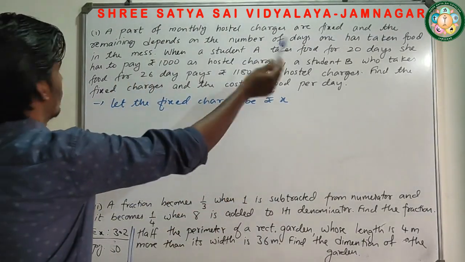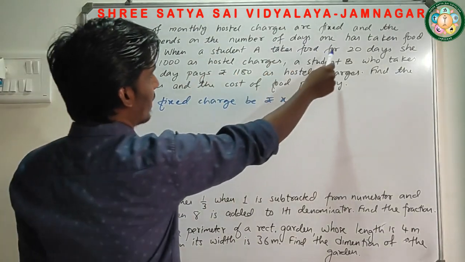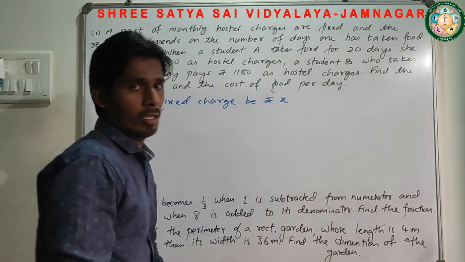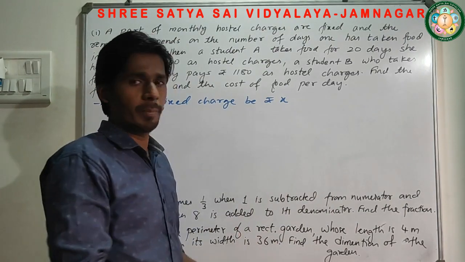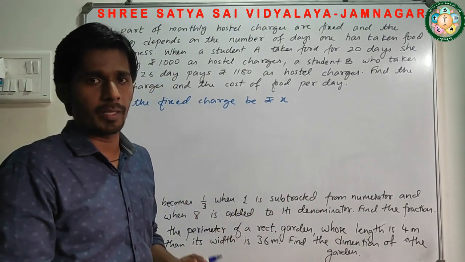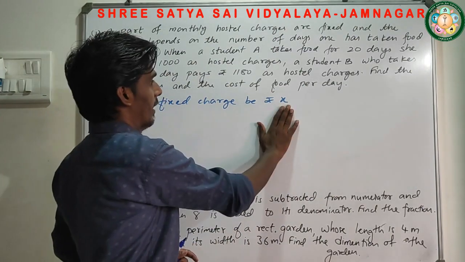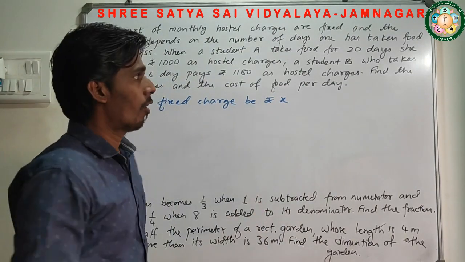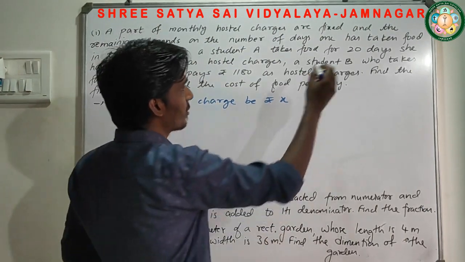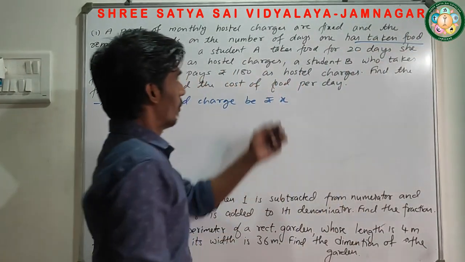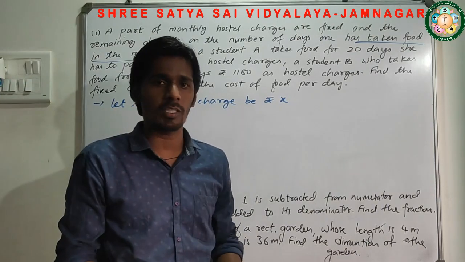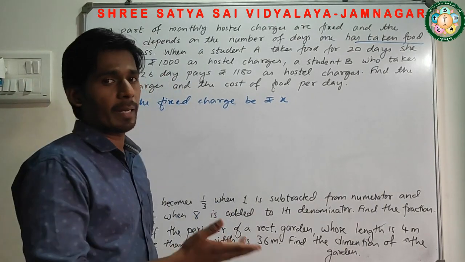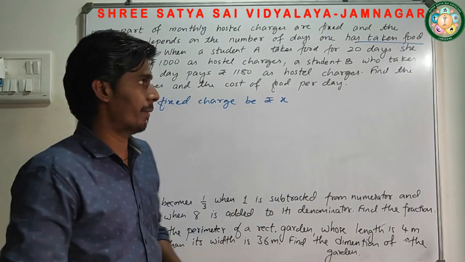Then the remaining depends on the number of days one has taken food. Some charges are fixed, that is X. Means however many days you stay in the hostel or not, the fixed charge is X. And the other charges depend on how many days one has taken food in the mess.